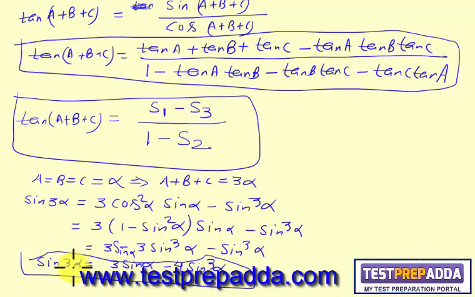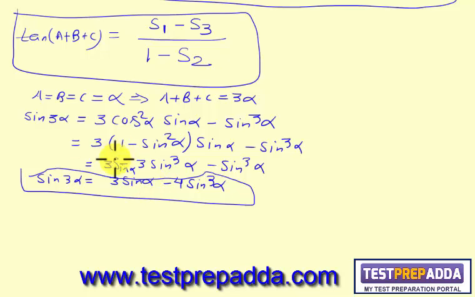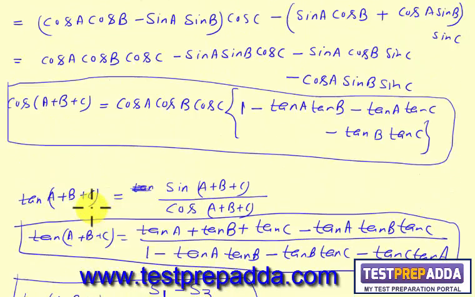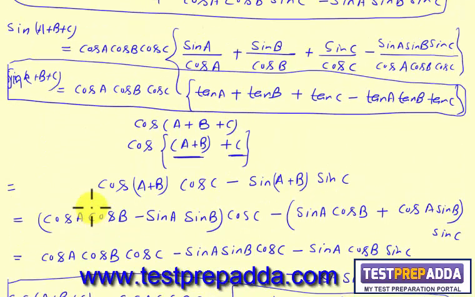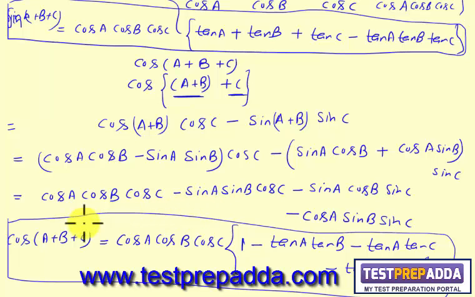Now, similarly, I will try to find cos 3 alpha. Again, in the cos identity, I will substitute A, B, C as alpha. It becomes cos 3 alpha. If you go and check the cos identity, here I am writing cos alpha, cos alpha, cos alpha.